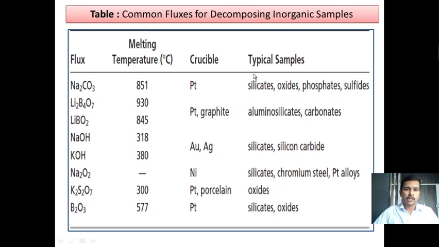So like this, many samples having these groups of compounds can be subjected to ignition by using these types of crucibles up to the temperatures given here, using a flux of sodium carbonate, lithium tetraborate or lithium borate, sodium hydroxide, potassium hydroxide, sodium peroxide, potassium persulfate, etc. So these are about some decomposition of inorganic samples with the fluxes. So this is about bringing the solid samples into solution form.